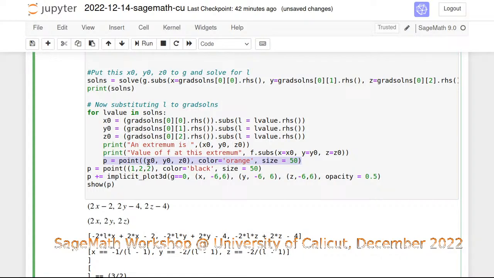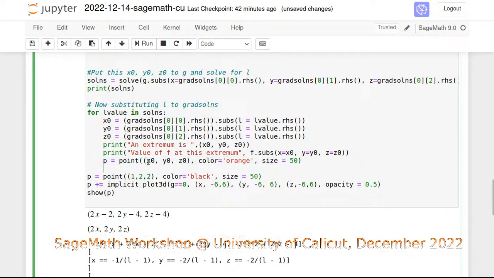Okay, but both the points will look the same. That doesn't matter. Anyway, it's on the sphere. We may even draw a line from 1, 2, 2 to this point.